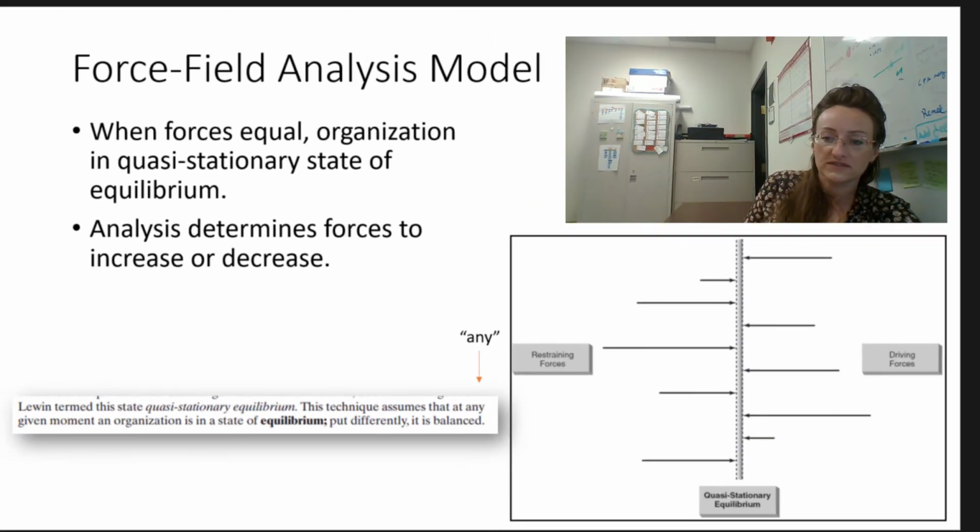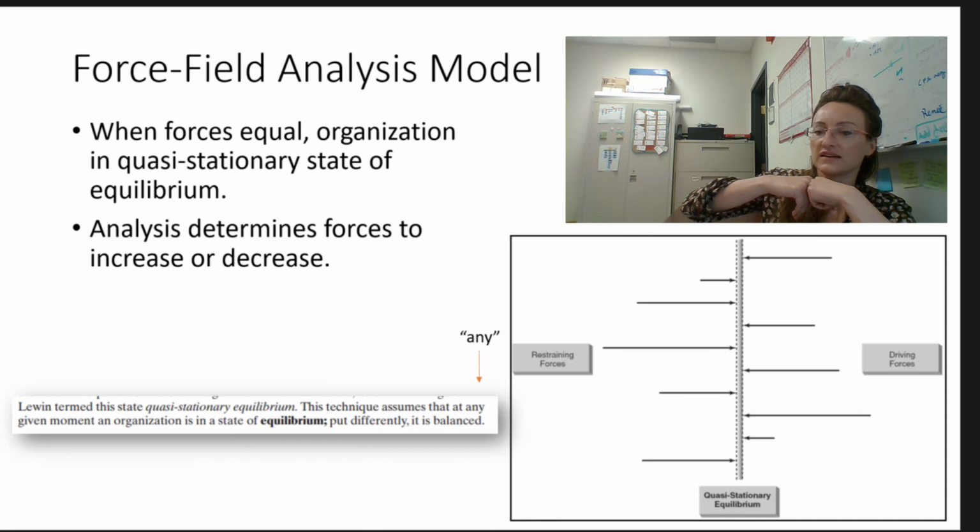When those forces are balanced in strength, the organization is in a state called quasi-stationary equilibrium. Things are going to stay the same according to whatever the measure is, rather than to improve or get worse. So when all the resisting forces and all the driving forces are balanced and are offsetting each other, then there is no change.